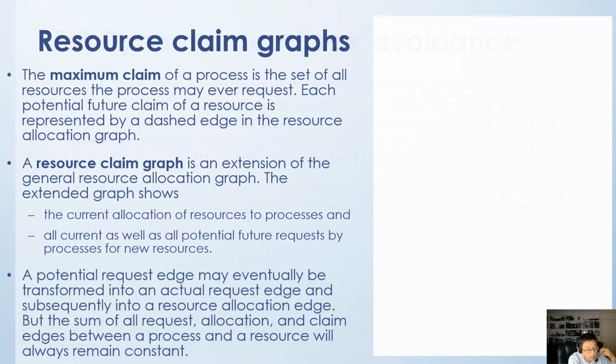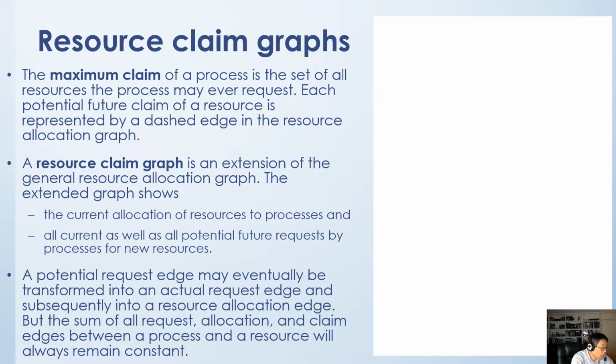Before we can discuss any approaches for deadlock solutions, like deadlock avoidance, let's first talk about resource claim graphs. A resource claim graph is very similar to the resource allocation graph.